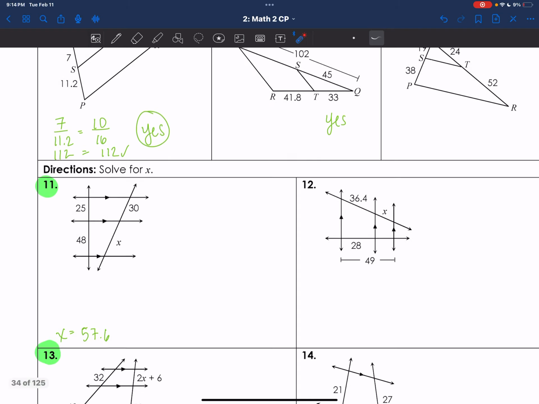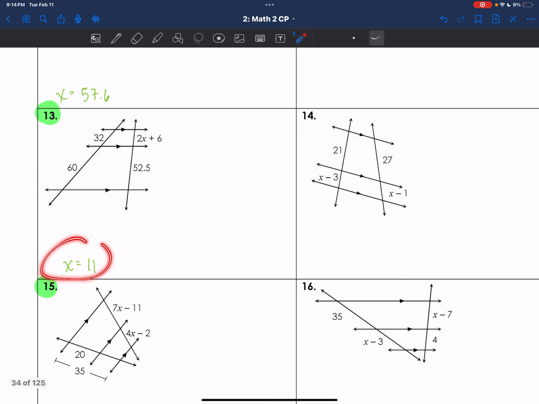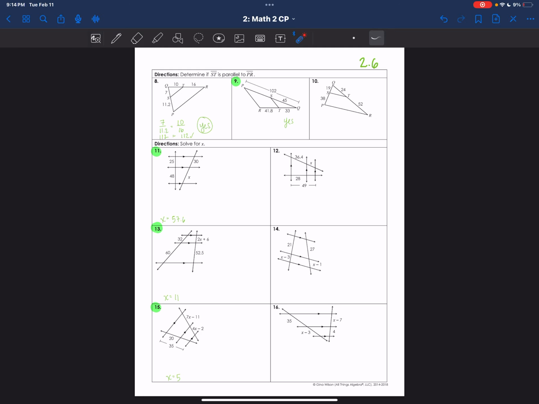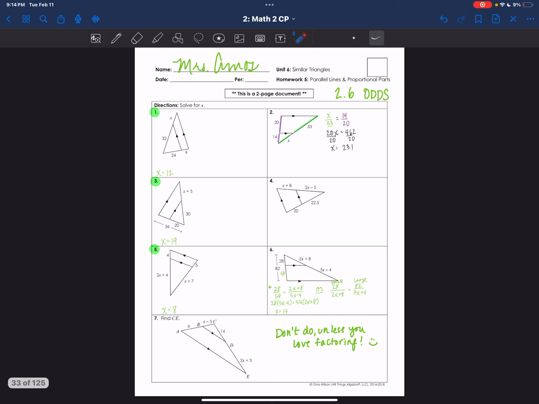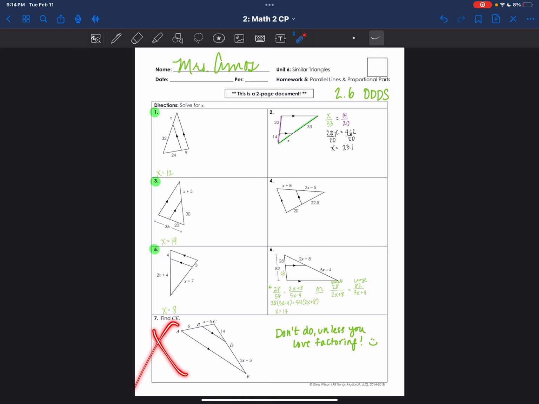Number 11 is 57.6. 13, x equals 11. 15, x equals 5. So remember, I gave you the answers. You need to show all work if you want credit. Okay. And again, odds, but you do not have to do number 7.